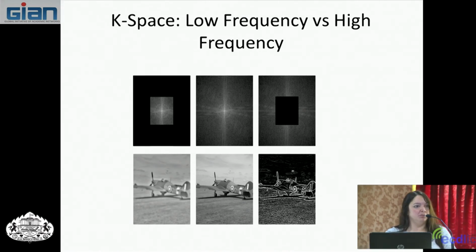So you get kind of a blurry picture, but you sort of get the idea of what the picture is. Now on the far right here, we've removed the low frequencies. And what you get, you can see it sort of looks like an outline of the plane. This is the higher resolution detail of the image. And when you combine these together, of course, you get the middle image, which contains both the low frequencies and the high frequencies.